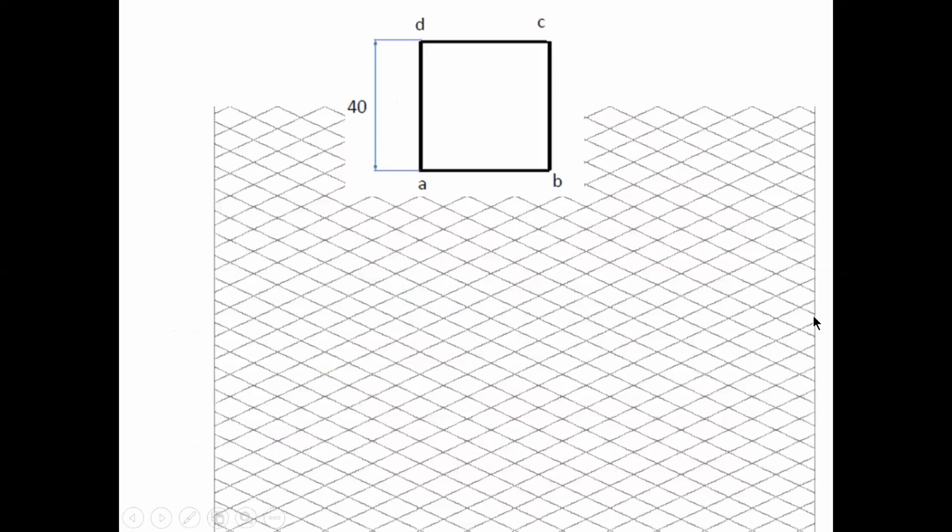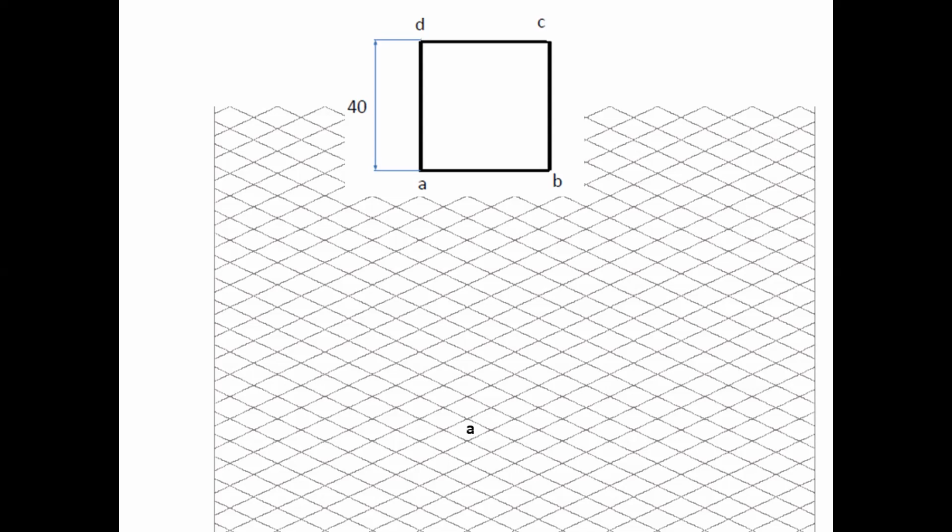So first example: we have a square of 40 by 40. Square means only one dimension will be given. So ABCD is a square having a dimension of 40 mm. How to draw this 40 mm square on an isometric sheet? To draw this, first randomly select one point on the isometric sheet.